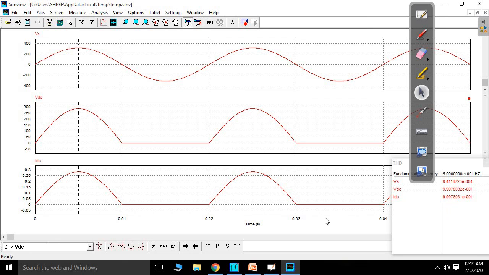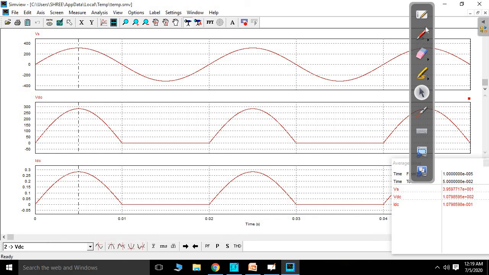So we get most of the parameters from this simulation, and therefore it is very easy to design a rectifier circuit by simulating it and then constructing it on the PCB. Again we get active power, reactive power and power factor directly from this simulation.